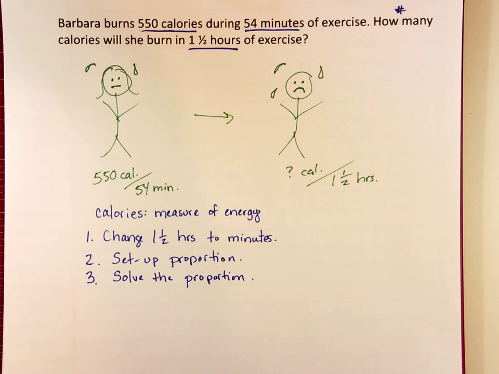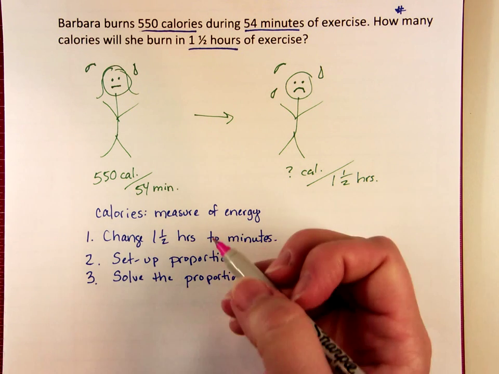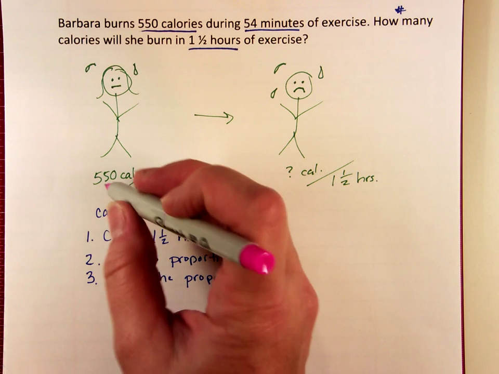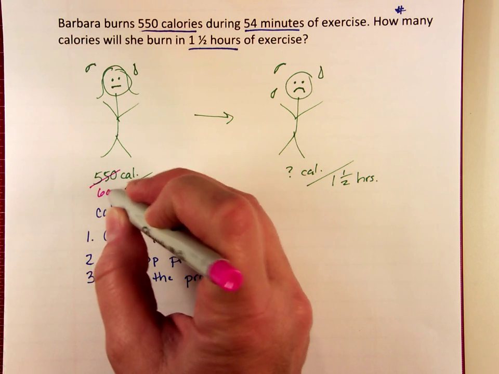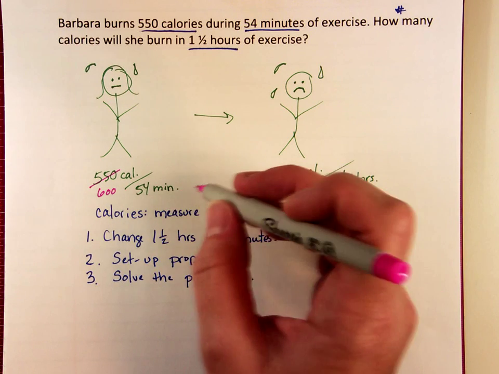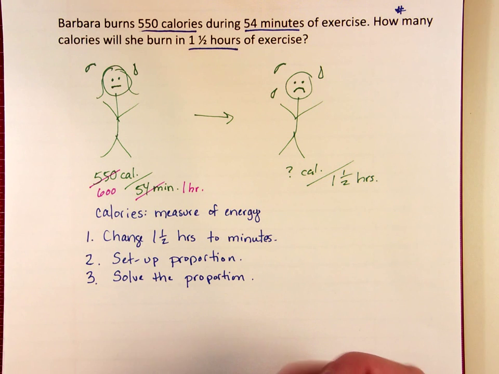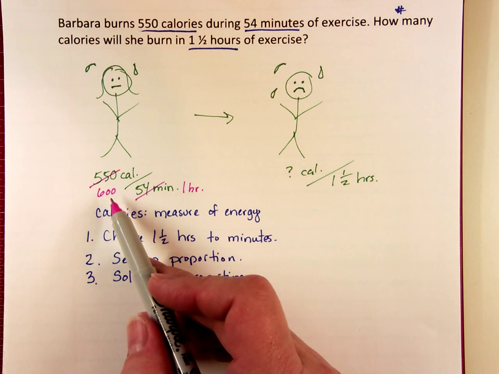Now let's get a quick estimate. Usually when you estimate, you want to do a little bit of rounding. For instance, I'm going to turn this into 600. And I'm going to turn 54 minutes into 1 hour, just to make it easy. So in 1 hour, she burns 600 calories.